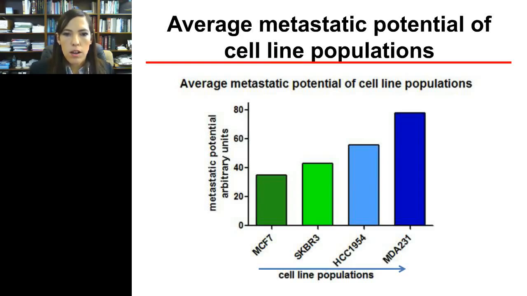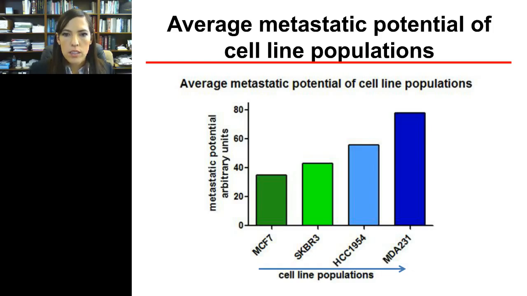In this plot, on the y-axis, we're looking at metastatic potential in those arbitrary units that I just showed you. And on the x-axis are different CTC subtypes, or the different cell line populations.